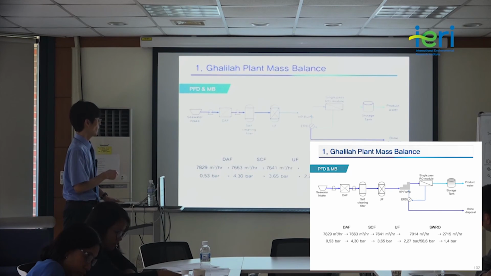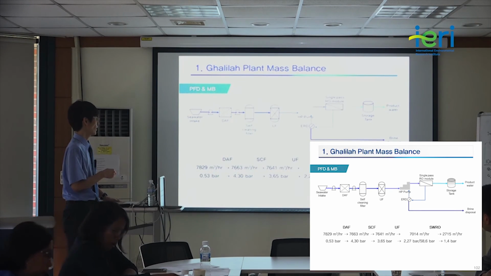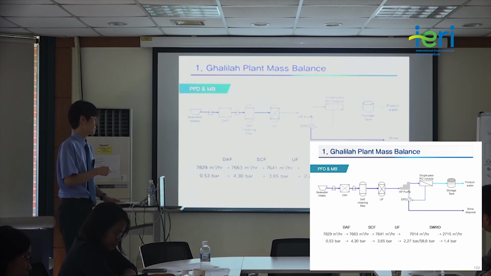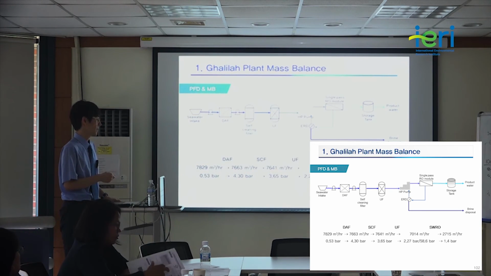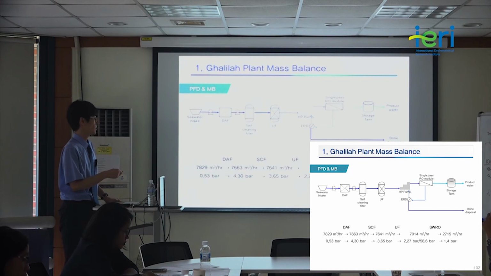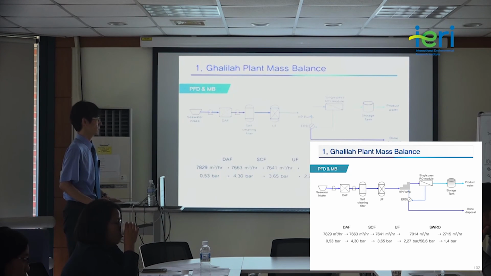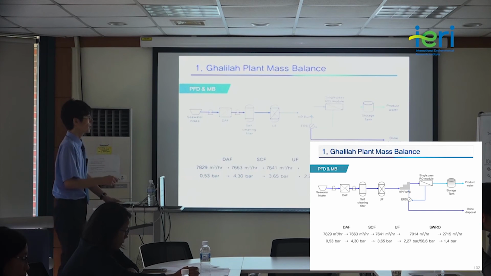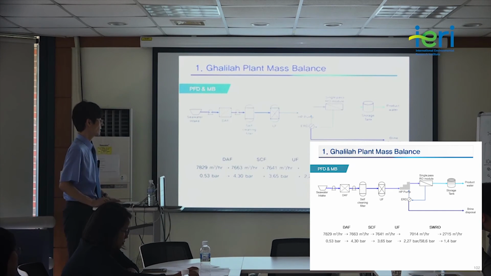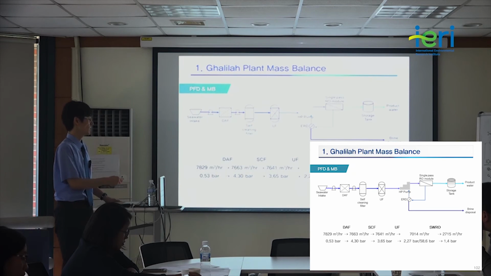So they have around 700 and 800 cubic meter per hour of the water intake, and that was delivered to the reverse osmosis system, and the final water production was 22,700 cubic meter per hour. And initially they started at the pressure of 0.53 bar, and final pressure is 1.4 bar, and the operating pressure is 58.6 bar.